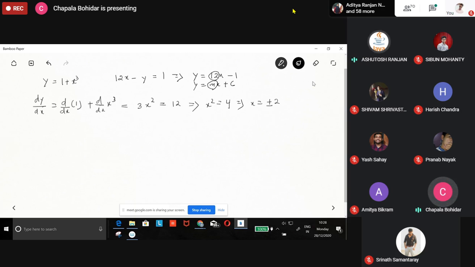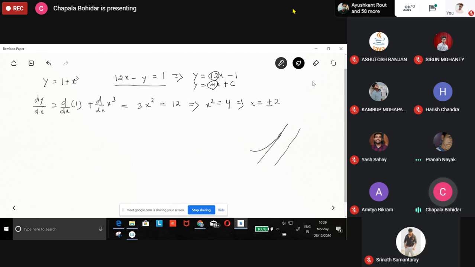Ma'am, how is 3x square equal to 12? Here you see, the curve may be like this. The question is saying that the tangent to this curve is parallel to this line, the line given here.